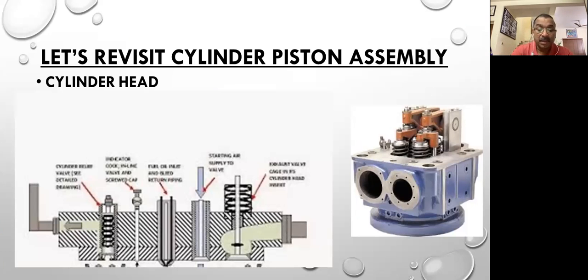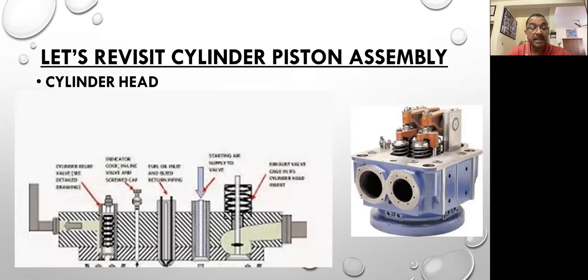So let us look at the engine cylinder head again. We have the inlet air valve here, spring loaded, valve closed. At the left end we have the exhaust valve, and that valve is in this picture in its operated condition.